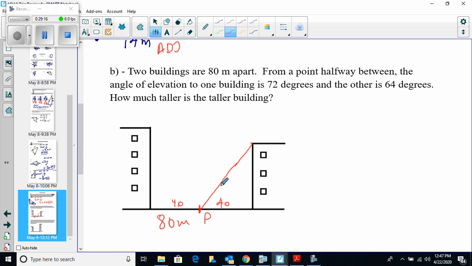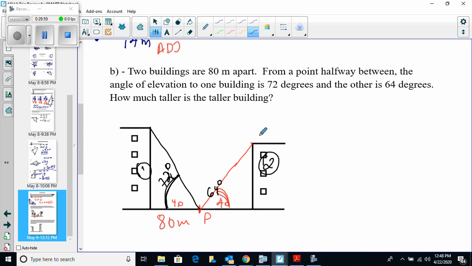So this angle here is 64 degrees, and the other one is 72 degrees, this angle here. Now, how much taller is the taller building? So we'll find the height of the first building and then the height of the second building and subtract the two together. So I will call this building 1 and this building 2.